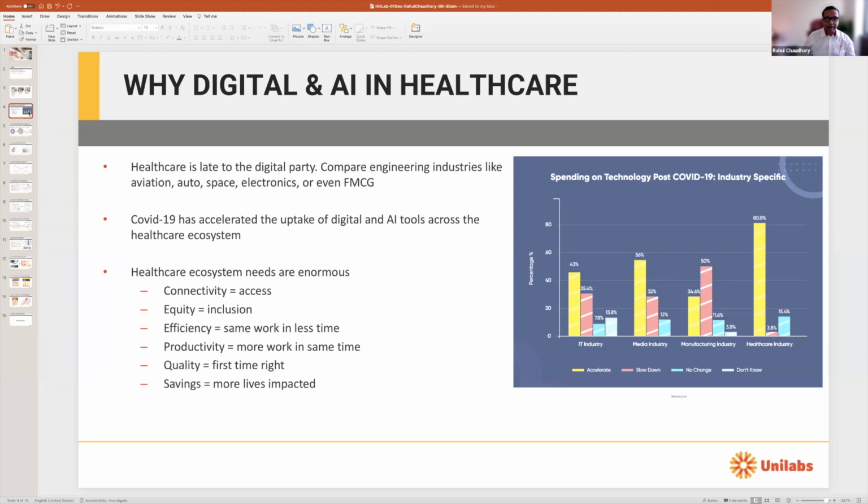In terms of the healthcare ecosystem, the needs for digital and AI are enormous, and they provide examples and solutions across various needs, such as connectivity, where we need patient access, equity, and inclusion, and that's a big topic today in healthcare. We talk of efficiency and productivity as well. And then quality is an important one, where we need to have it first time right so that the patients can be treated properly at the right time and with the right treatment.